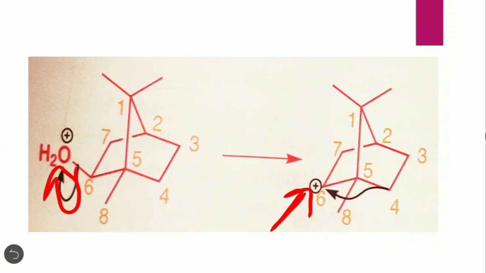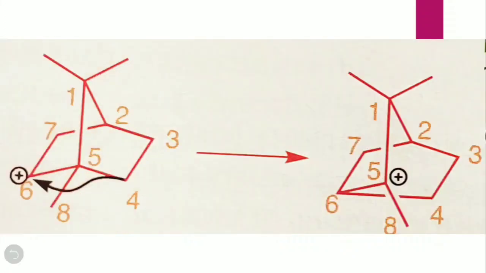This carbocation is next to a quaternary center, and the migration of all three bonds cannot take place because it cannot generate the most stable carbocation.